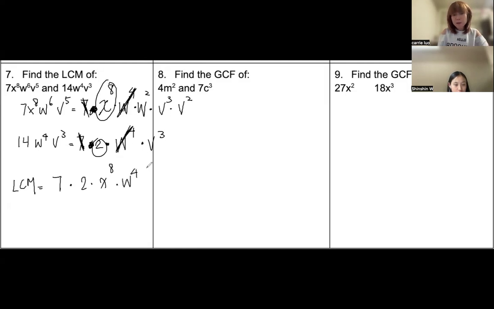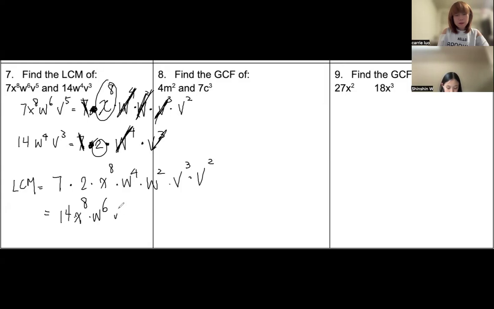When you see the same thing, just make them 1. The leftover V3 and V2 stay, so the answer is 14, x8, W6, and V5. Because we only have one x8, we just include it. If there's nothing to pair with, just copy it down.